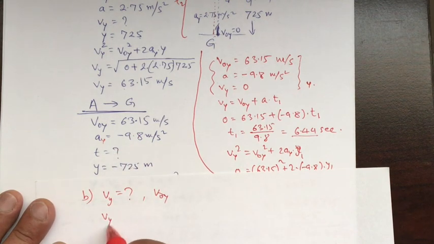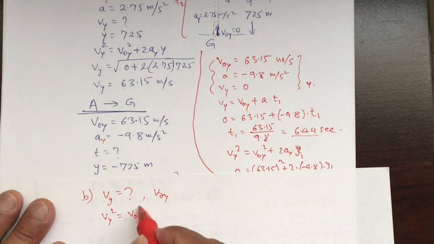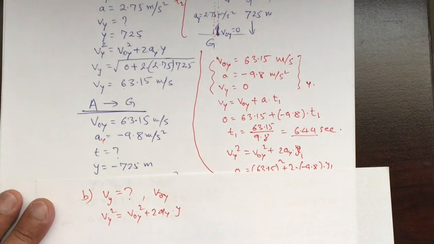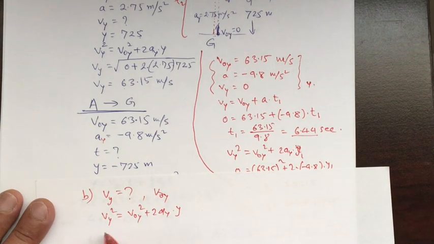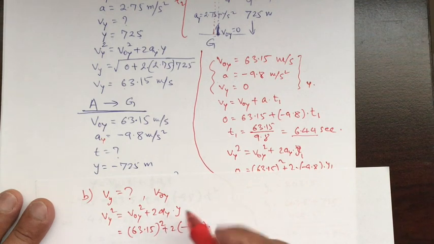So use the formula Vy square equals V0y square plus 2ay times y. So Vy equals, V0y is 63.15 square plus 2 times minus 9.8, and y is minus 725, right?